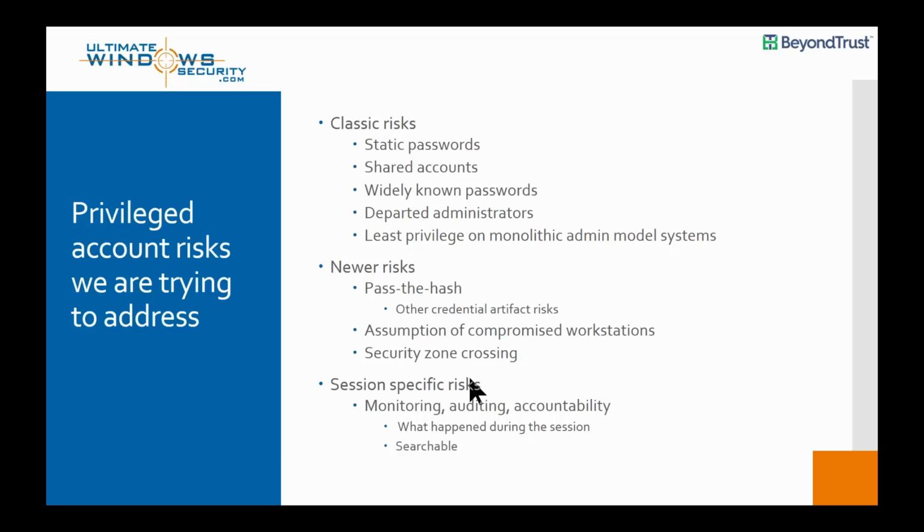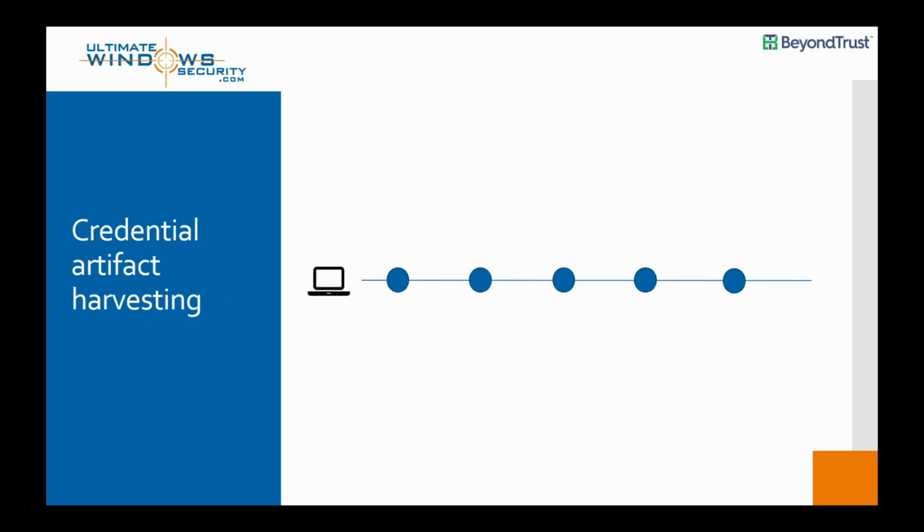You could be stealing credit card numbers. And unless you're actually recording what the user sees and it's searchable, it makes it difficult to find. So it's definitely important to be able to see all aspects of that session. In addition to having a video and pixels that a human can look at, it comes down to metadata. We need to capture as much metadata as we can during that session. We'll talk about that more. But those are the risks that we're trying to address today.